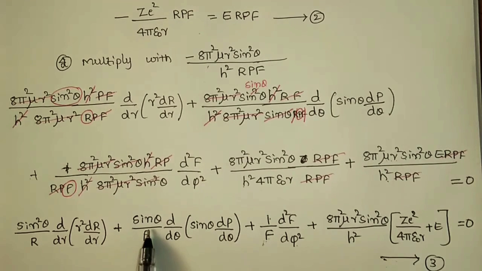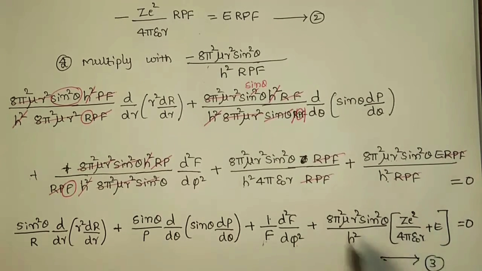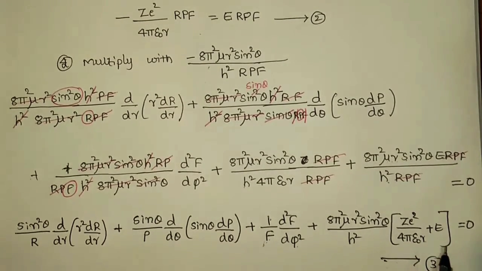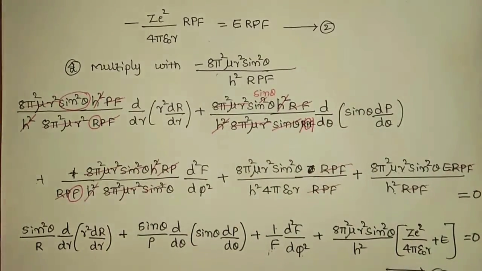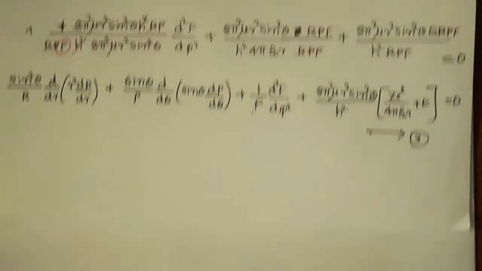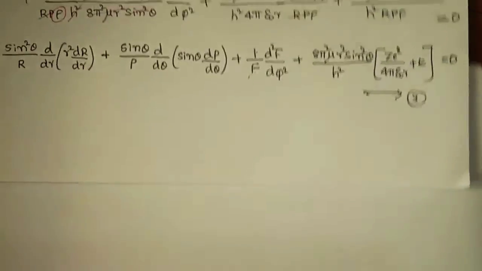And here also you can observe theta and radial terms, which are also mixed. So this term can be isolated, and the things which are left behind have to be simplified further so as to separate the variables. So that we shall do now, keeping equation 3 as reference.